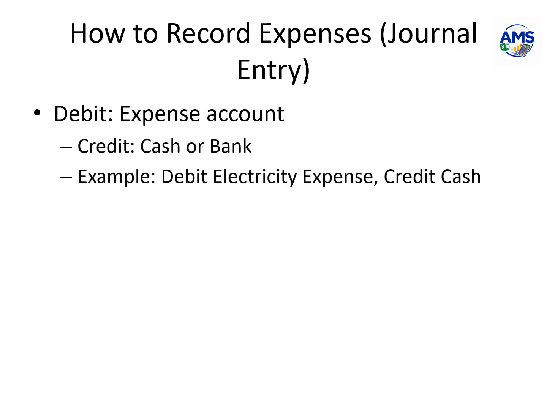Let's look at how to record expenses, the journal entry. In recording expenses, you debit expense accounts and credit cash or bank, which is the mode of payment. For example, you debit electricity expense and you credit cash.